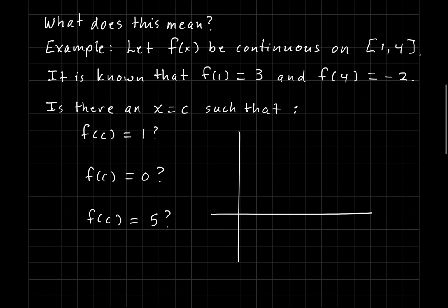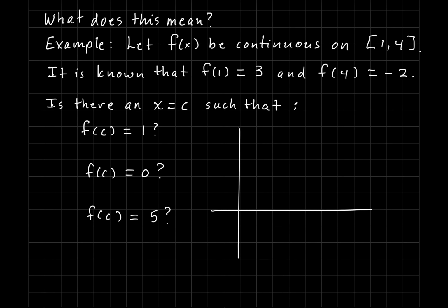Let's do a simple example. Let f be continuous on the closed interval 1 to 4. So I'll put 1, 2, 3, 4 like this. And we know that f of 1 equals 3, and that f of 4 equals -2.